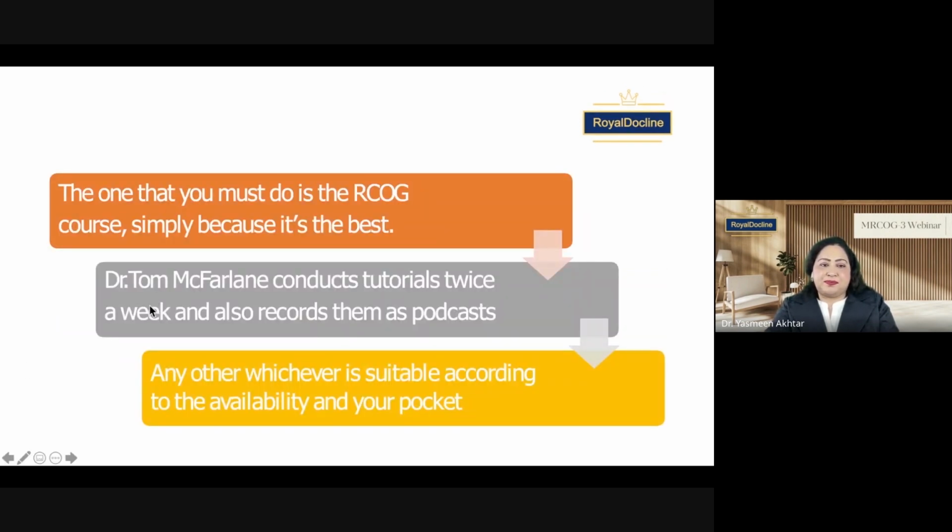Then comes the courses. What are the different courses? If you can get time, you can take the course by the RCOG itself. Booking the RCOG course is really very difficult. With great difficulty and with a lot of suggestions, we convinced the RCOG that there should be an online course. And the RCOG is doing the online course as well, where you will also see me there.